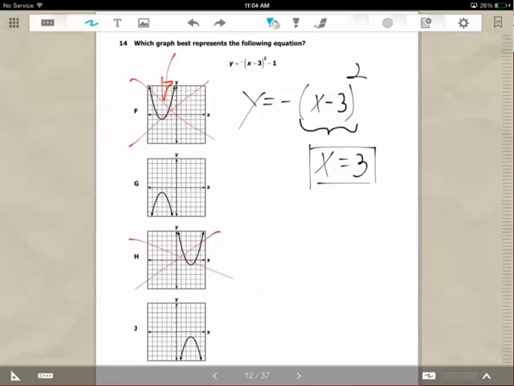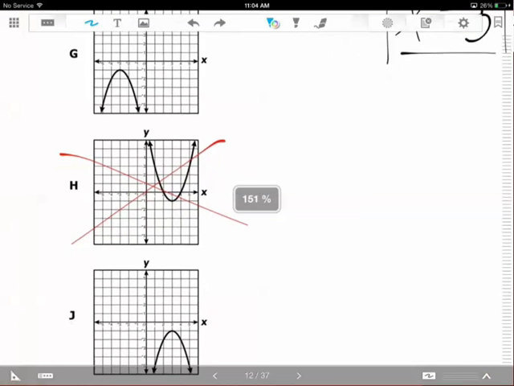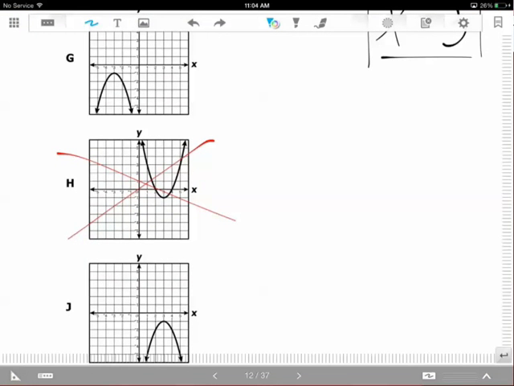So if I'm looking for the graph only of y equals negative x minus 3 squared, that will be at about x equals 3, right? And for the two options that I have left, I'm looking at x equals 3. That should be right there. That should be where my vertex is, right?